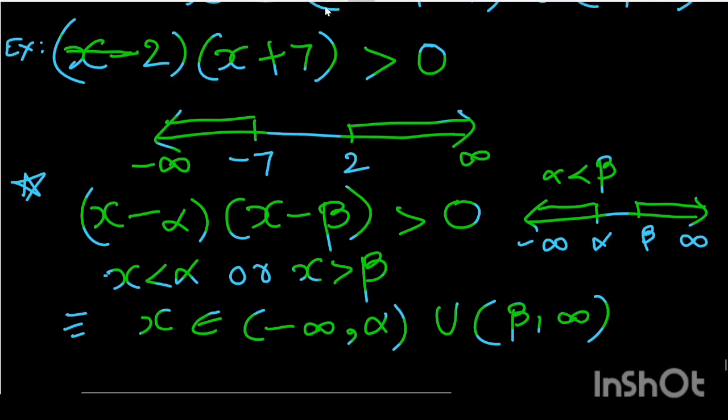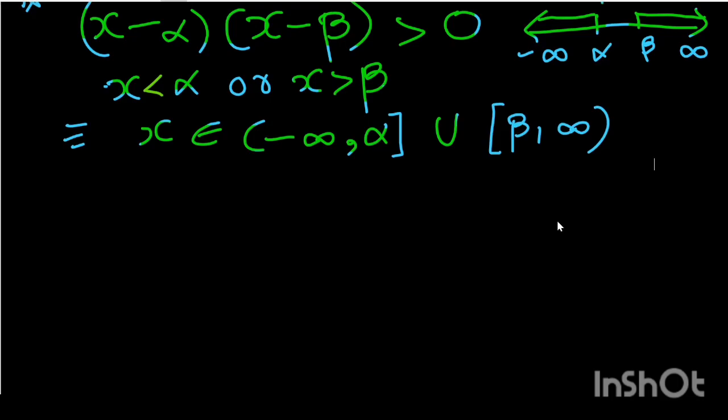And in case there is equality here, so in the answer this less than will be replaced by less than equal to alpha, greater than would be replaced by greater than equal to beta.